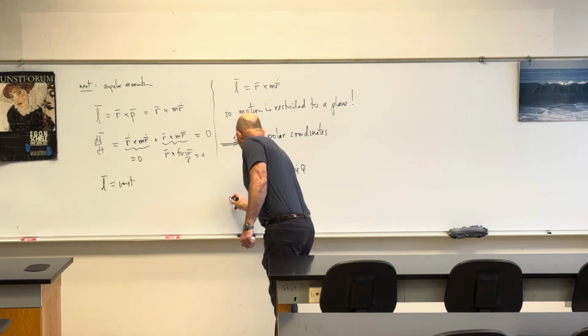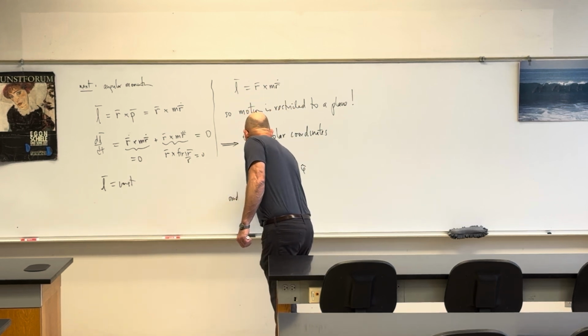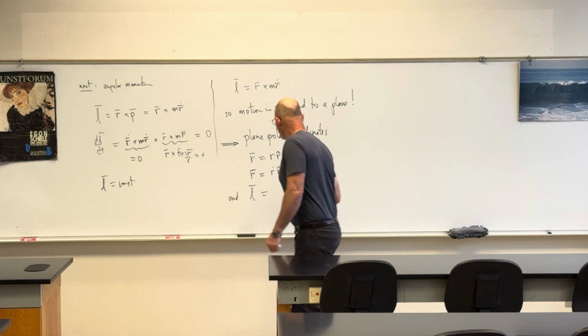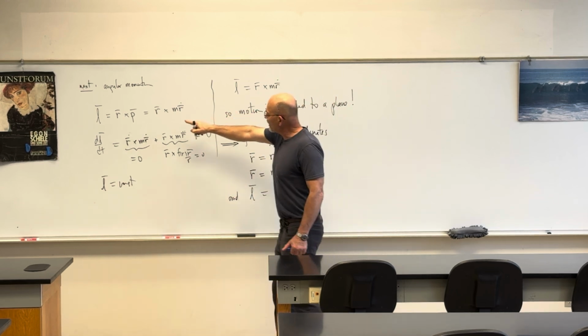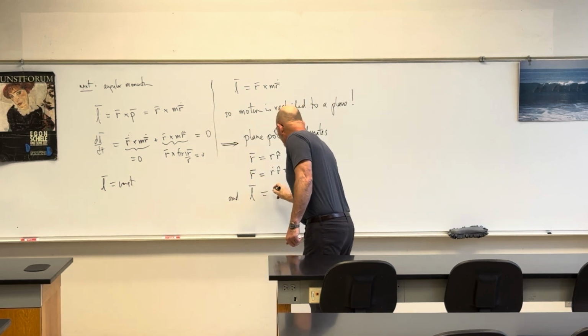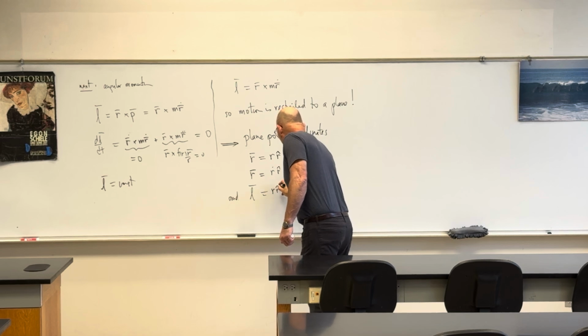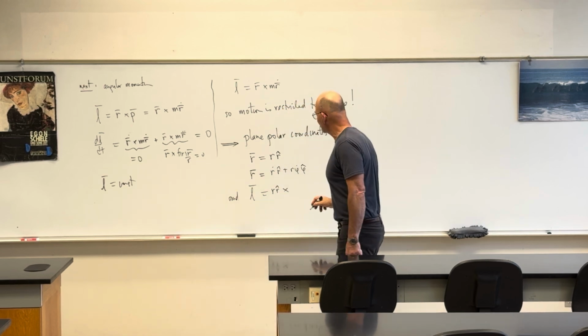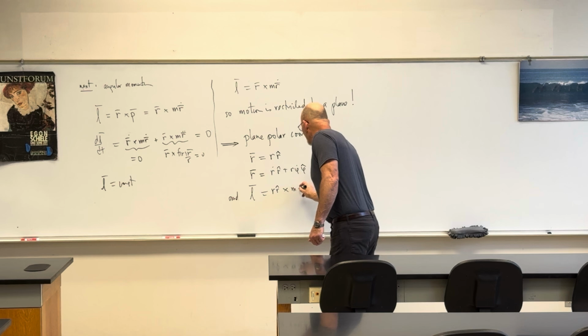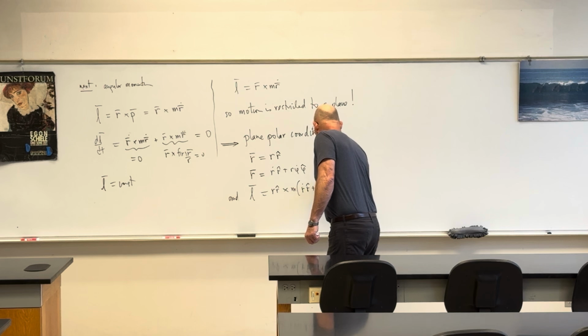And L is equal to r cross m v, so we have r r hat cross product m r dot r hat plus r phi dot phi hat.